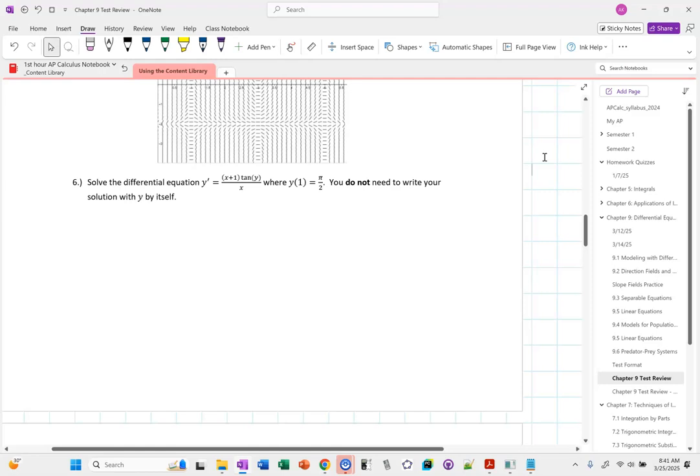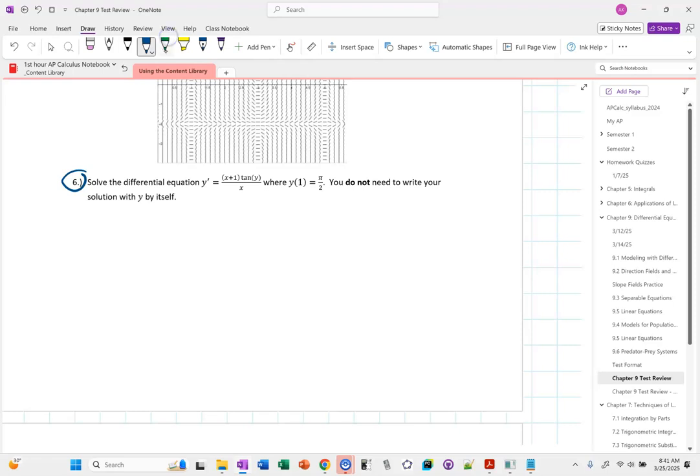So here's solving a differential equation with a boundary condition. Let's do this one, 6. So the way I would start is instead of y prime, I'm going to think about this as dy dx.